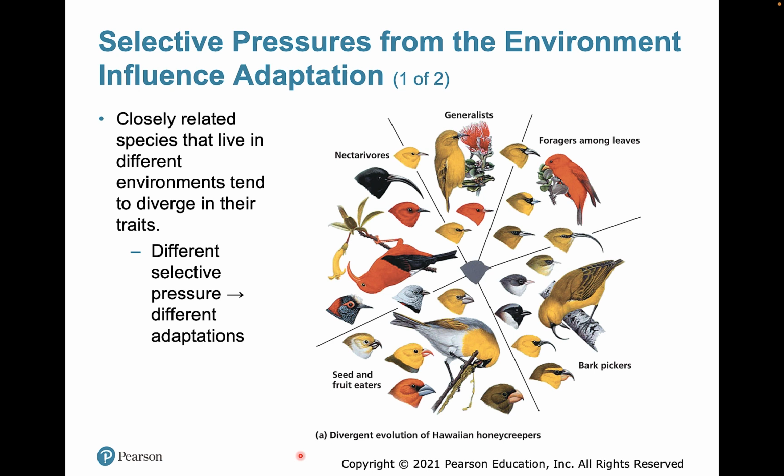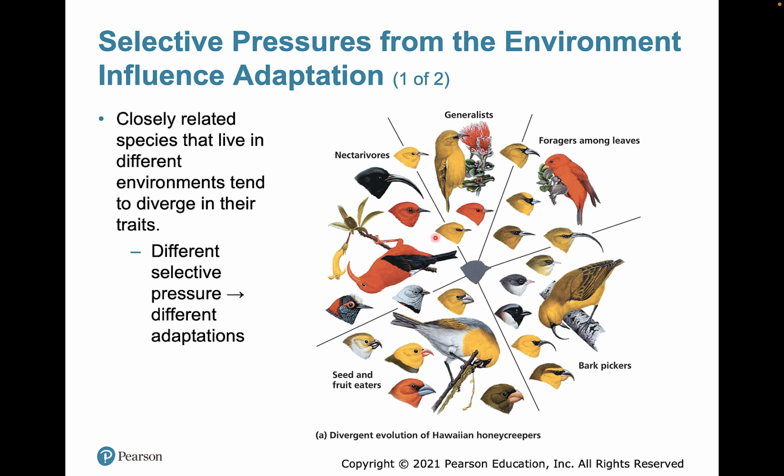So if you take a look at this, this is the ancestral honeycreeper right here in the middle. And different environments required different traits, okay? So you've got these seed and fruit eater honeycreepers, right? If you're going to eat seeds, you need a really short, thick beak to provide enough force to crack those nuts and seeds open, all right?